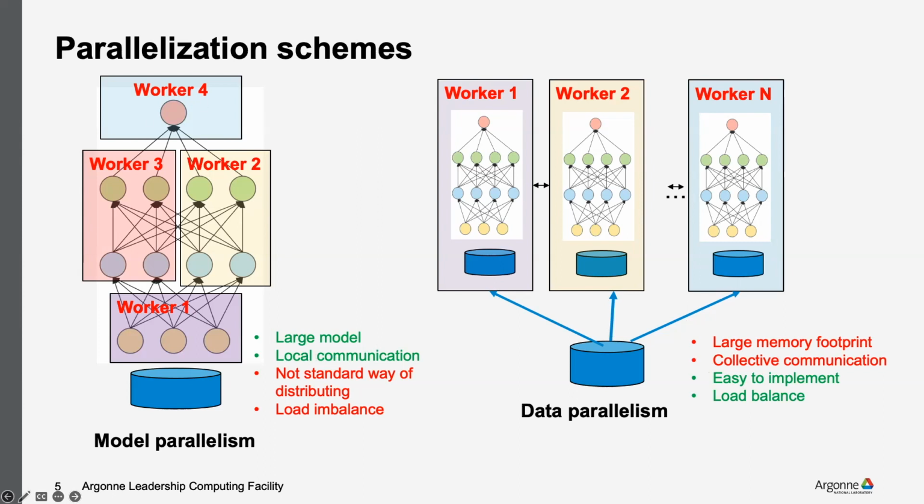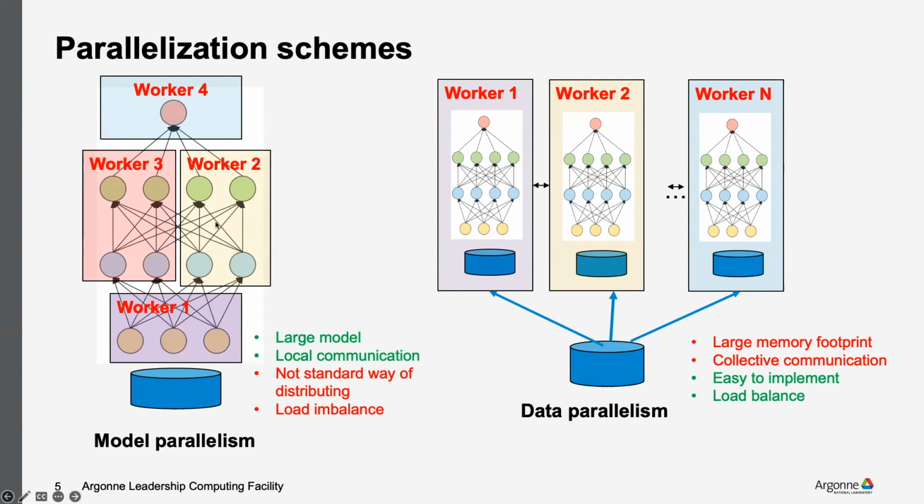So for model parallelization, because you split the model into different pieces, imagine that you have a large LLM that you cannot fit into a single GPU, then you have to use model parallelization. So this is particularly useful when you have a large model.